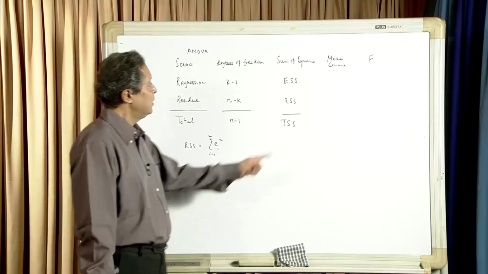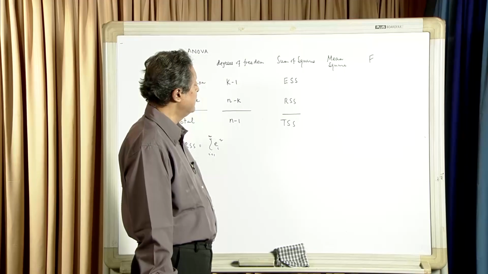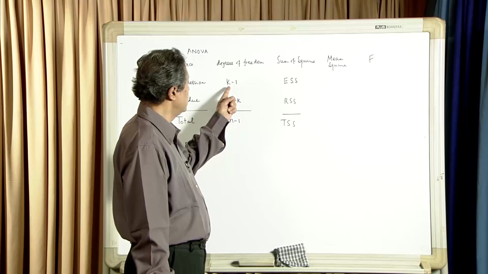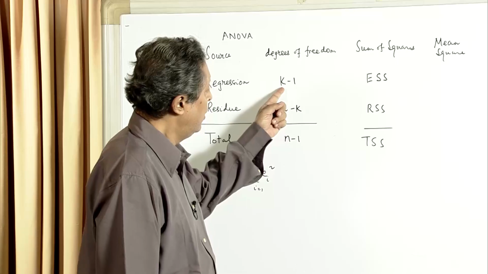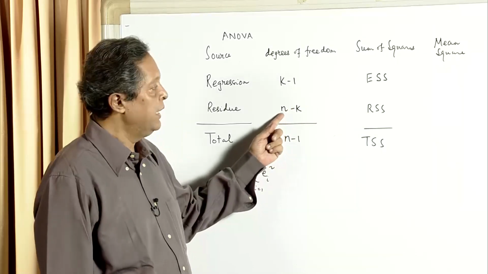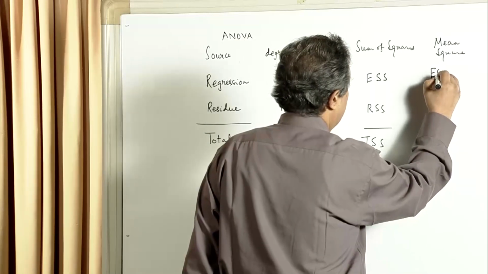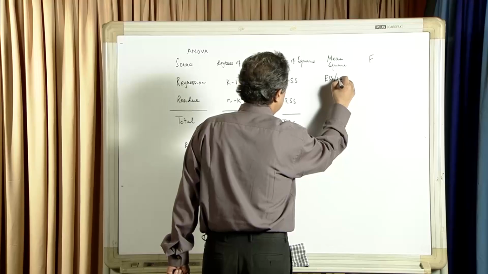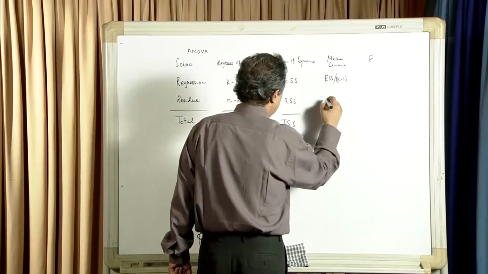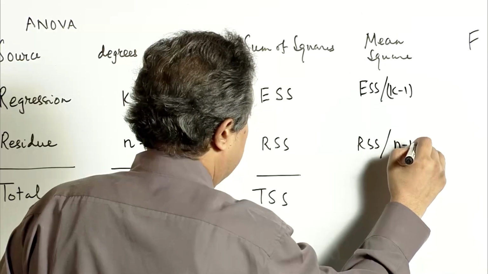Next, we come to the concept of mean square. Mean square is nothing but the ratio of explained sum of squares to the corresponding degree of freedom, or the ratio of residual sum of squares to its corresponding degree of freedom. So, here we write explained sum of squares divided by k minus 1, and the mean square for the residue is residual sum of squares divided by n minus k.